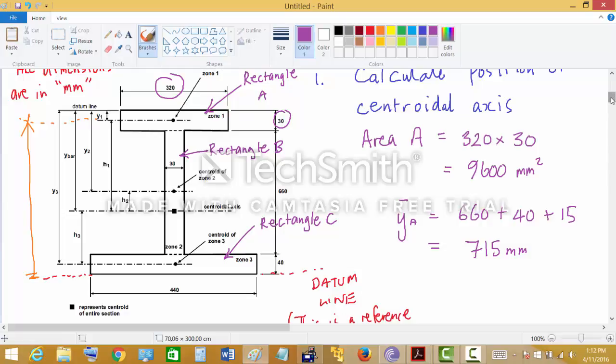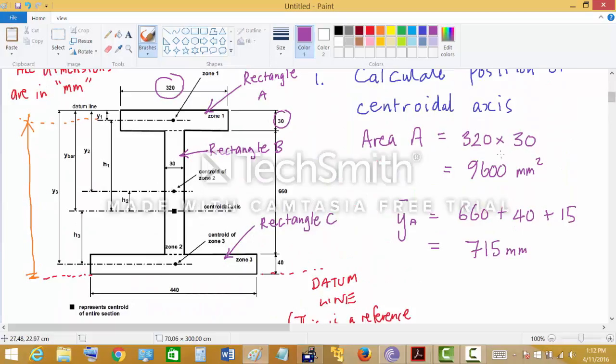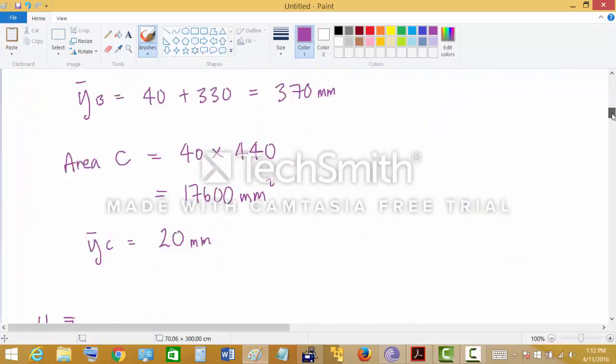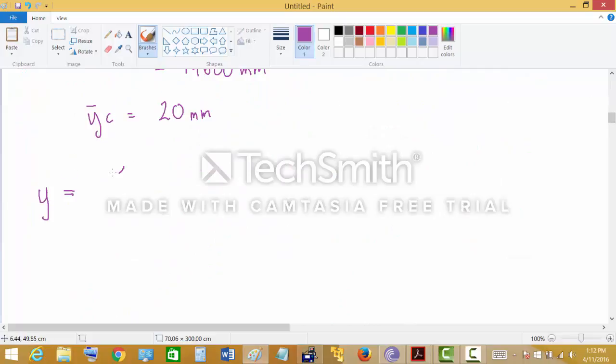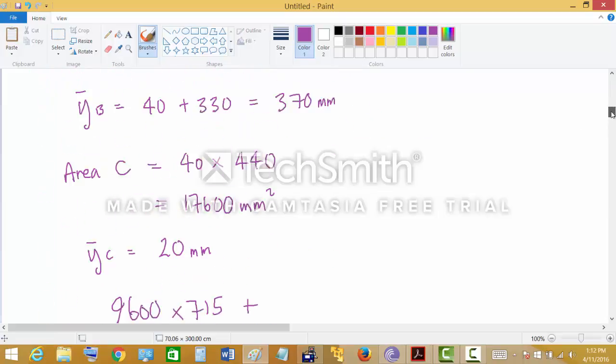Okay, anyway. Y is equal to the areas times their centroid, so it's 9,600 times 15, plus 19,800 times 370.